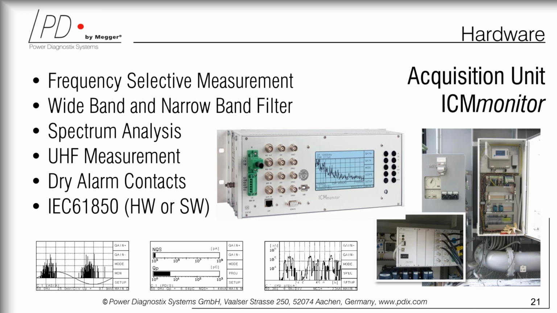It has the ability to trigger alarms, and has the ability to aggregate data. So the UHF measurements, the partial discharge, the acoustic measurements, all can come together into this ICM monitor, and then of course based on the alarms issued, the information can be examined by specialists.